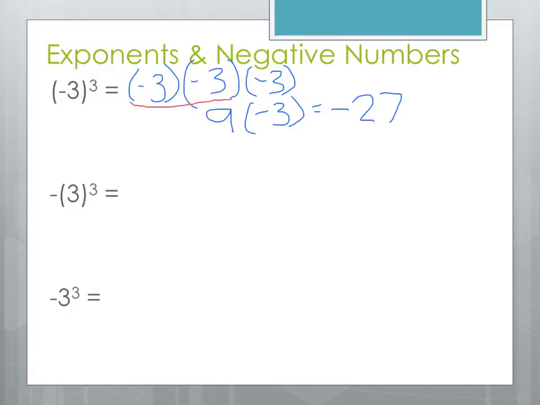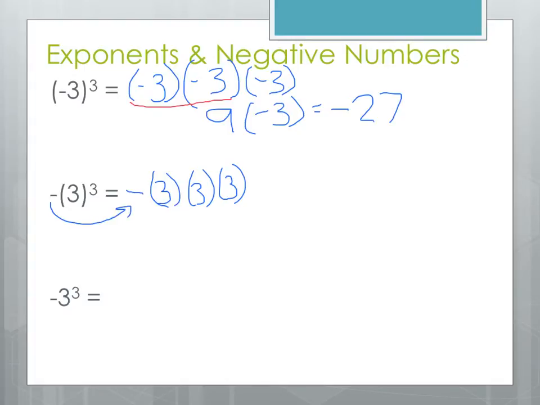Now, let's look at negative 3 to the third power with a parenthesis on the outside. Here, what we're repeating is just what's inside the parentheses, which is 3. So we're going to carry over the 3 times 3 times 3. Okay, and this negative gets carried over only once.